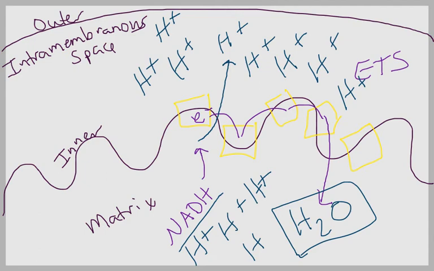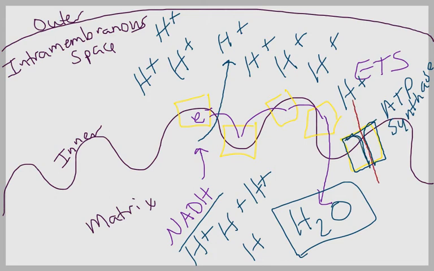Well, it's allowed to do that in the last protein that's found in this electron transport system. This last protein happens to be an enzyme that's called ATP synthase, and it has a channel, and through this channel, hydrogen are able to diffuse down their concentration gradient and back into the matrix.